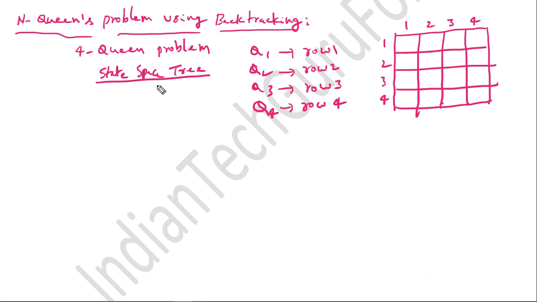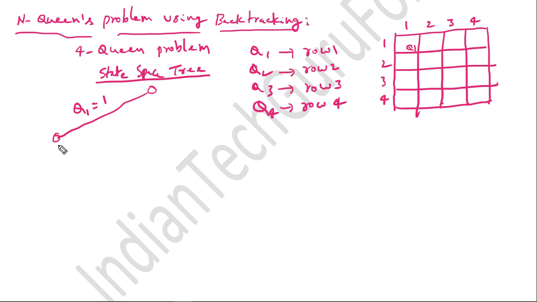First of all, let us start with the location and assume that q1 is placed in the first column. Whenever I say q1 equal to 1, it means it is placed in the first column. The rows are already fixed, so we need not worry about the rows, but the column must be fixed. So q1 equal to 1 means q1 is placed in the first column.